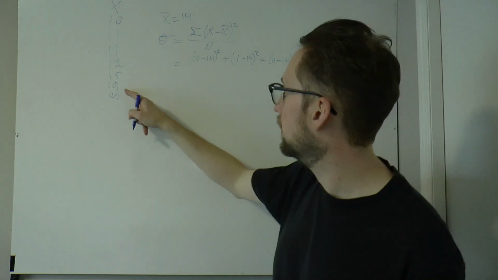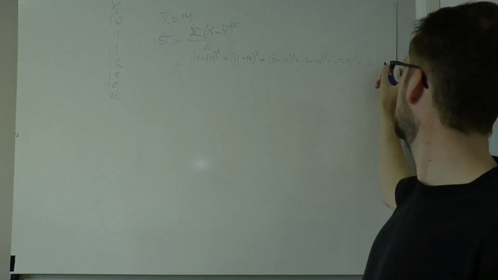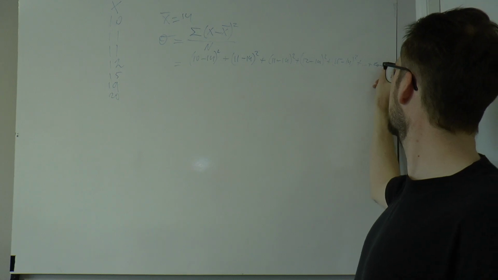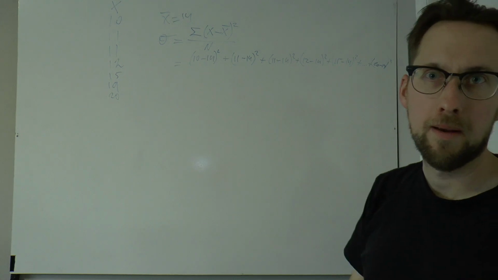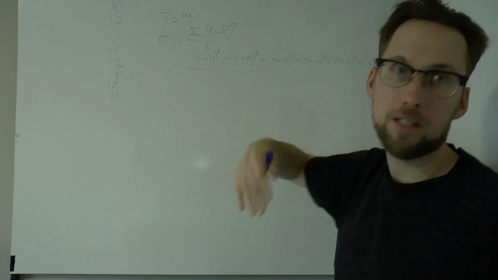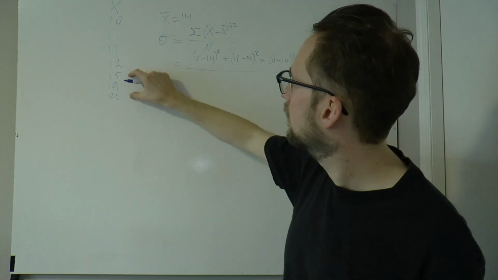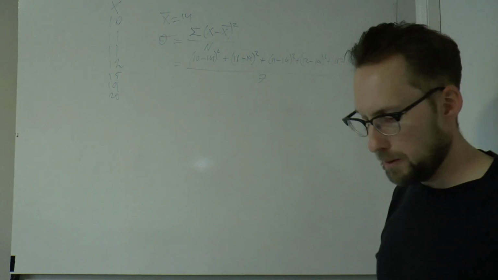It's just not going to fit. Plus 19 minus 14 squared plus the final one, 20 minus 14, it's really tight here, squared. Okay, and I divide that by big N. Well, that's the total number of observations. 1, 2, 3, 4, 5, 6, 7. 7, yes. Okay, I can do this.